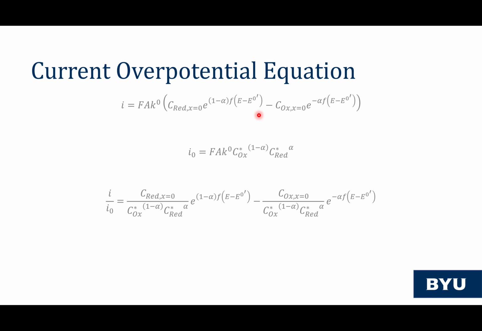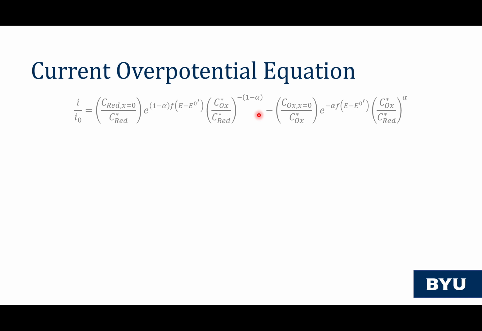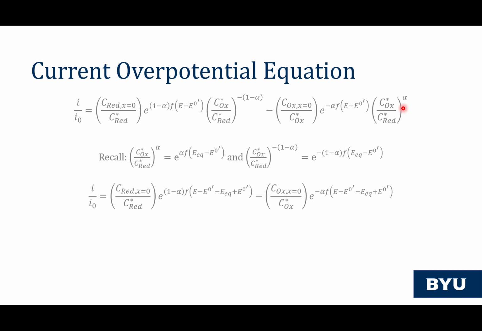So what we're going to do is we're just going to go through and combine terms, do some algebra until the expression is simpler. So here we've grouped together terms with like powers. We group together these terms because they have a like power of -1 minus the transfer coefficient, and we did the same with these terms.